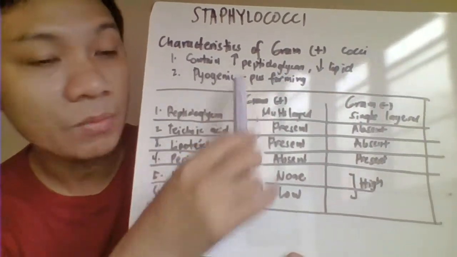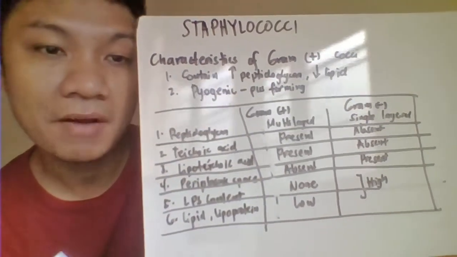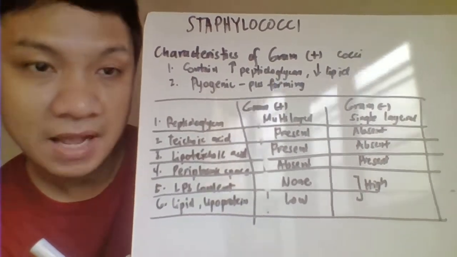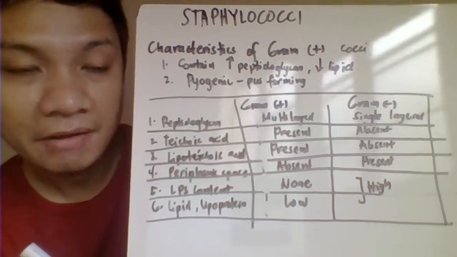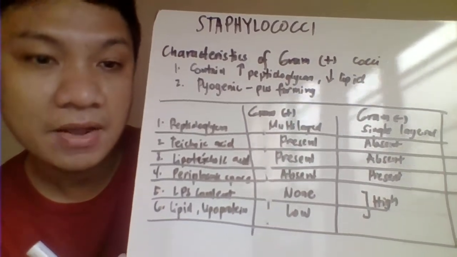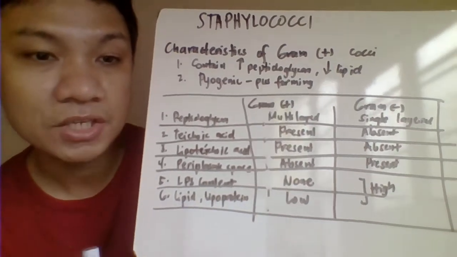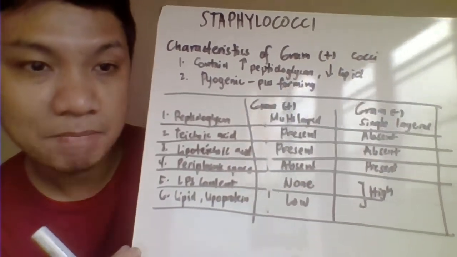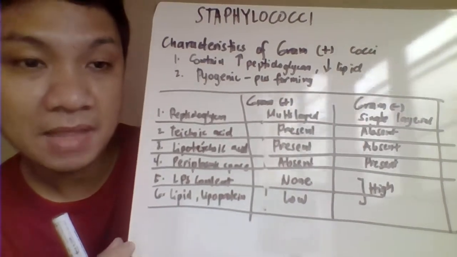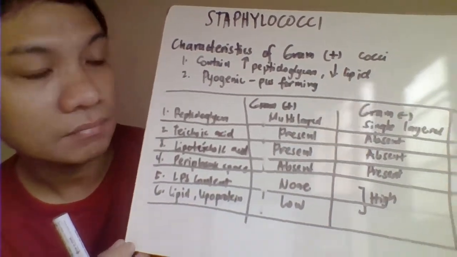Before that, as a review, we have here the basic difference between the gram-positive and the gram-negative bacteria. The gram-positive would have a very thick peptidoglycan layer and a decreased concentration of lipid content, which is much higher in gram-negative bacteria.